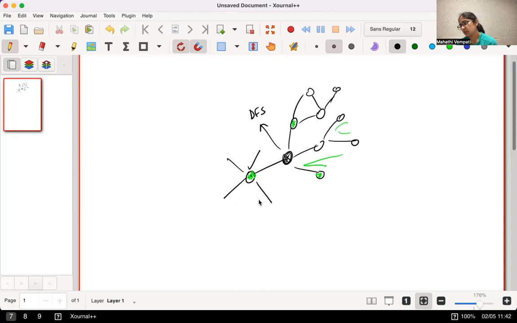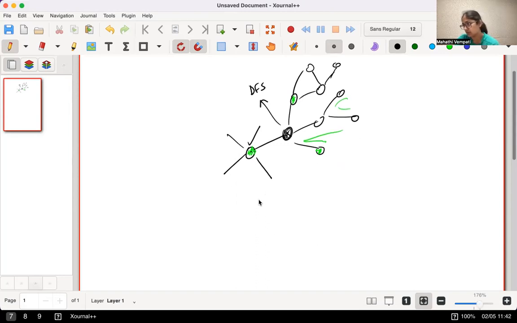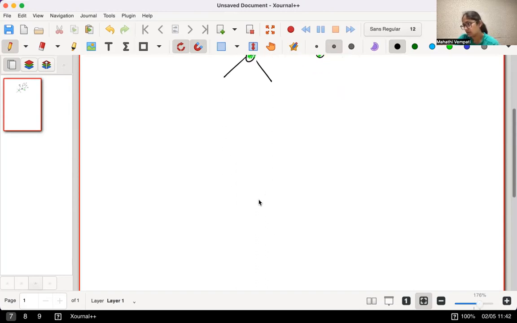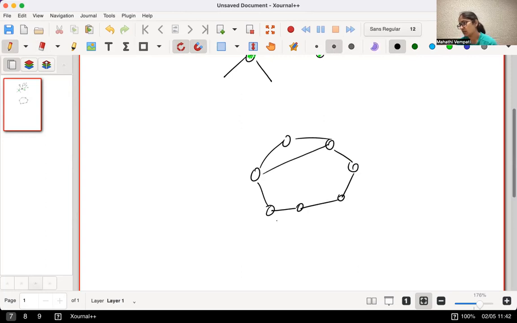But a bigger problem which I need to take care of is having a cycle but having another edge connect like this, right?